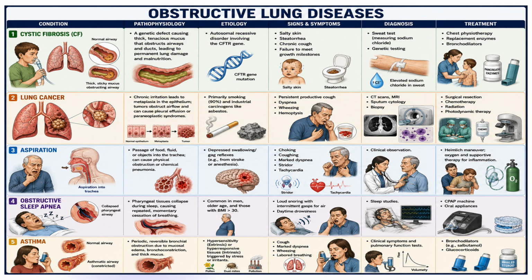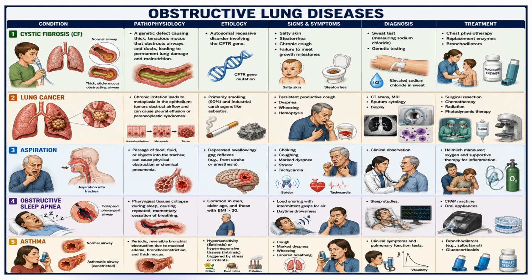So asthma is a periodic reversible bronchial obstruction due to mucosal edema. So it causes bronchoconstriction and thick mucus that basically obstructs your bronchioles. So this can be caused by hypersensitivity, an extrinsic factor. For example, something outside, you're allergic to something and you have a hypersensitive reaction to it. Hyper-responsive tissues are intrinsic, triggered by something inside, for example, stress or an irritant, and it triggers that.